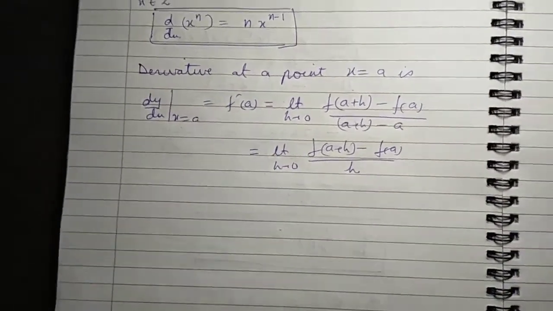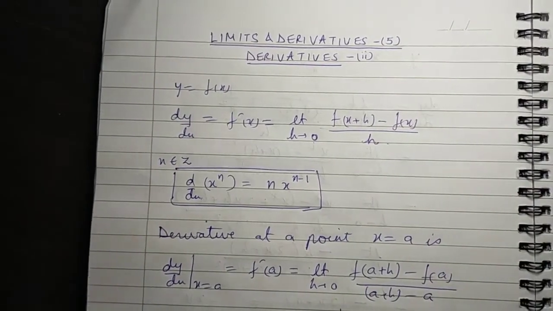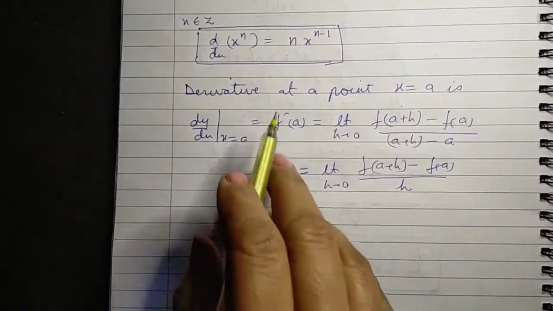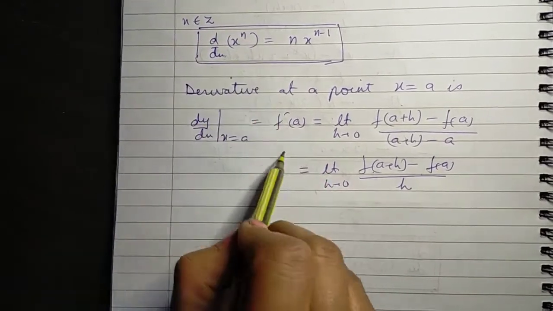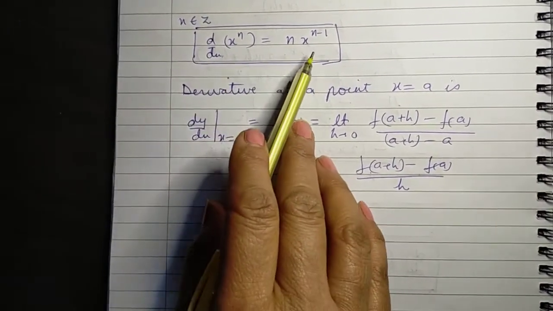So what we see is, instead of x here, we have a here. Now we can do it directly by applying the value of x as a after finding the derivative.